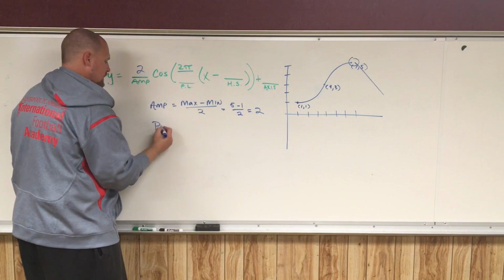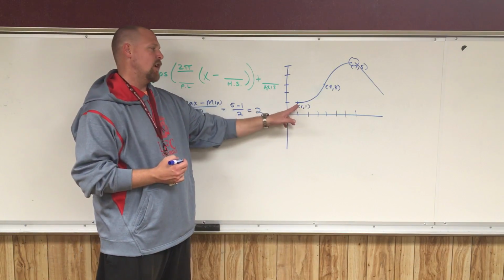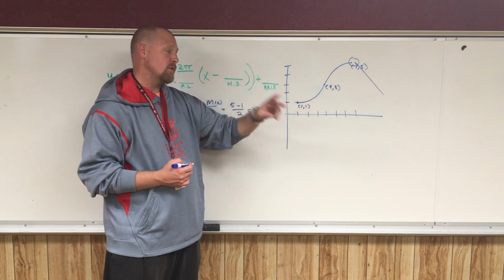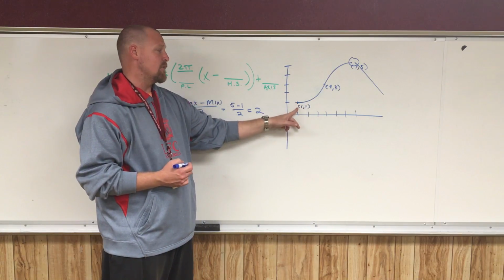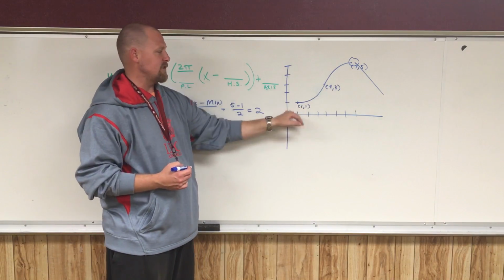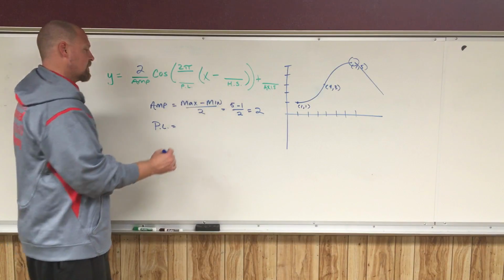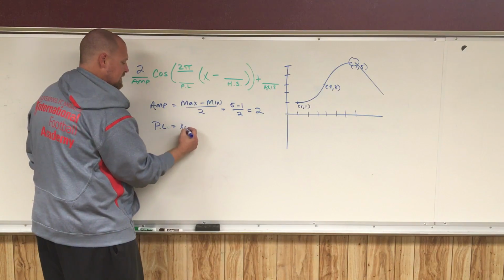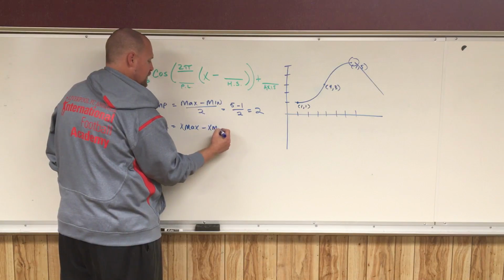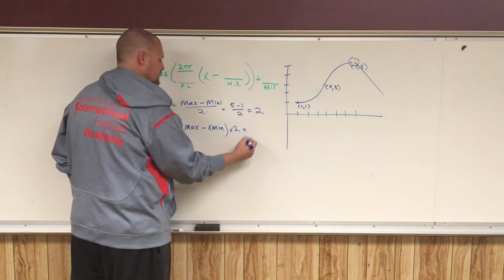The period length. The period length is the x value of minimum to the next minimum, or it's double the x value of the minimum all the way to the x value of the maximum. So all we have is minimum and maximum, so I got to multiply that distance by 2. So I need to take my x maximum minus my x minimum, and I need to take that times 2.